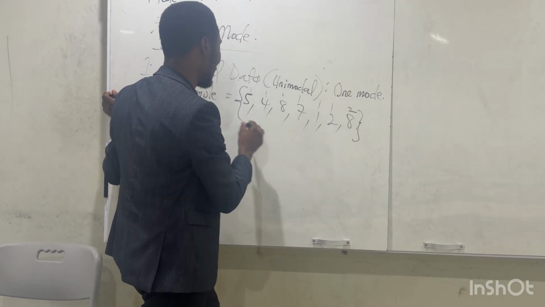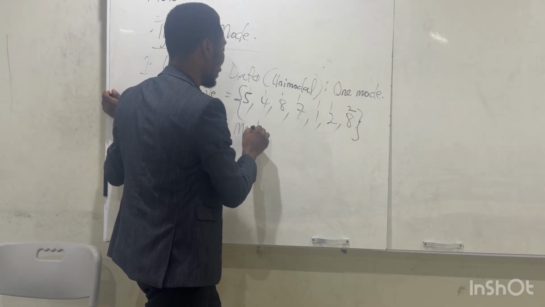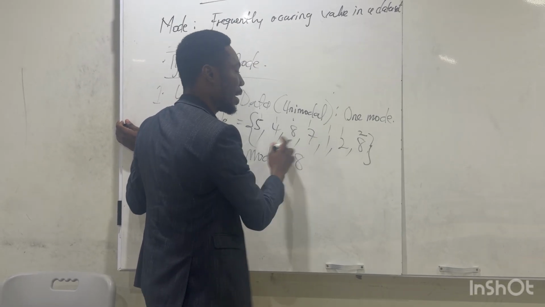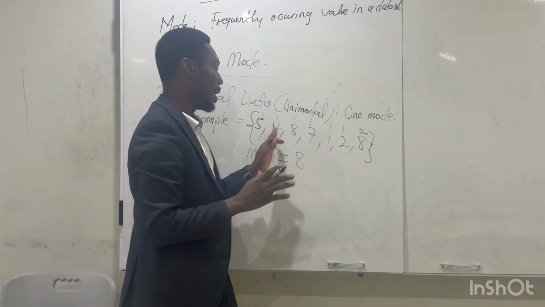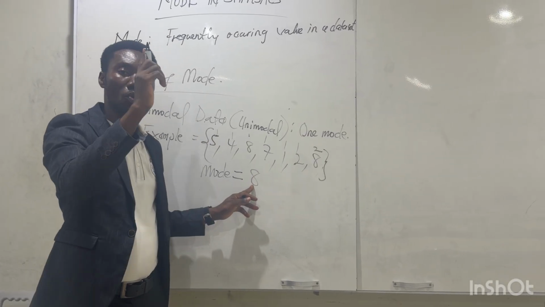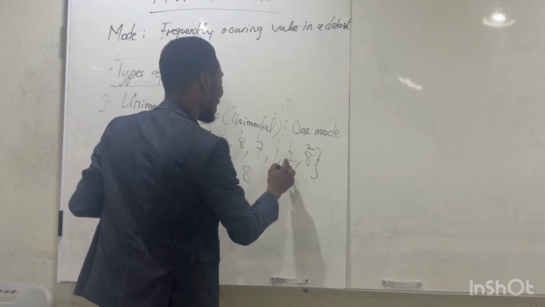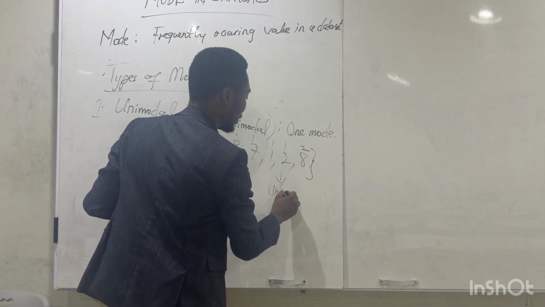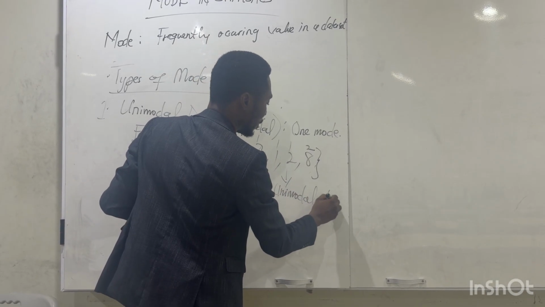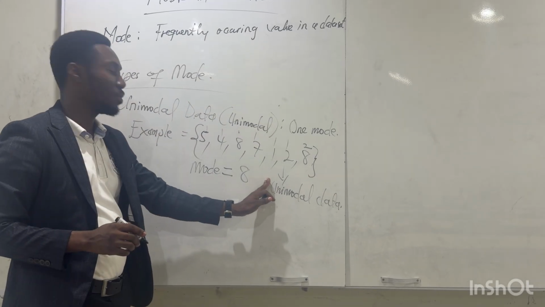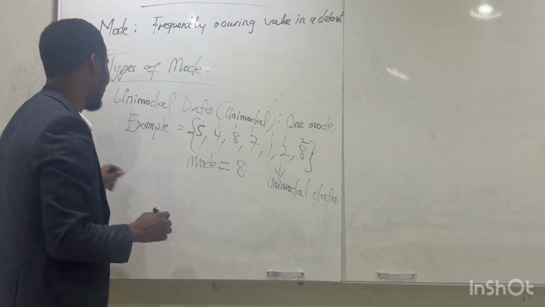So the mode for this data is equal to 8. Why? 8 is occurring 2 times. Okay, but here you see that for this whole data, it's only one mode. So we refer to this as a unimodal data.